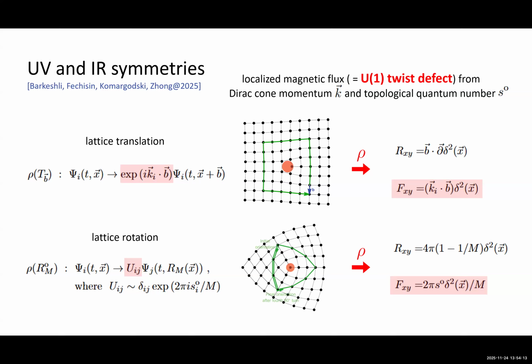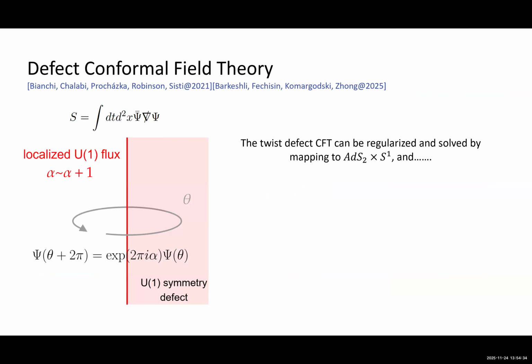It is only when you go to the IR description that you have to consider the non-trivial map that maps the translations and the lattice rotations to a non-trivial element of the IR symmetry. So that's in some sense something only observable in the IR. Does that answer your question? Okay, good. Okay.